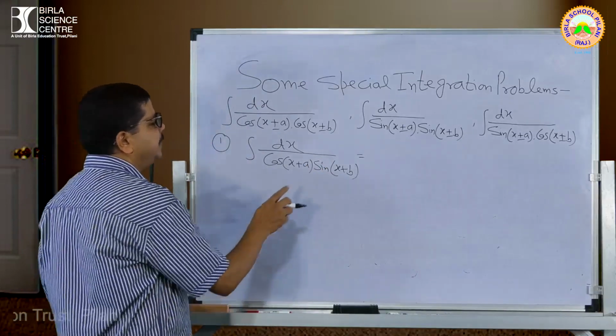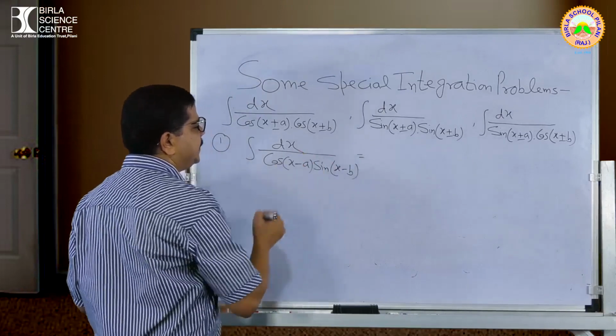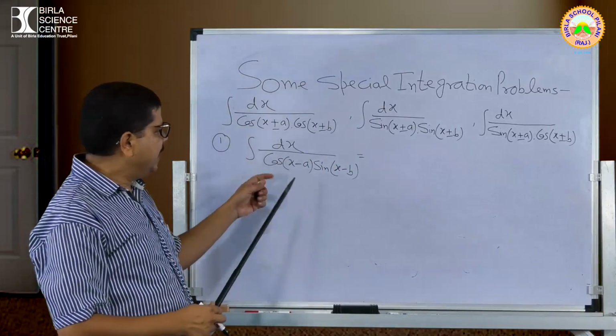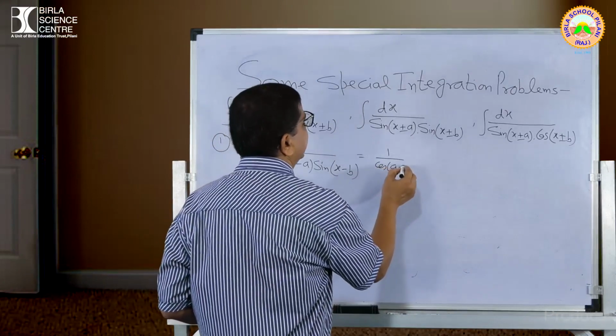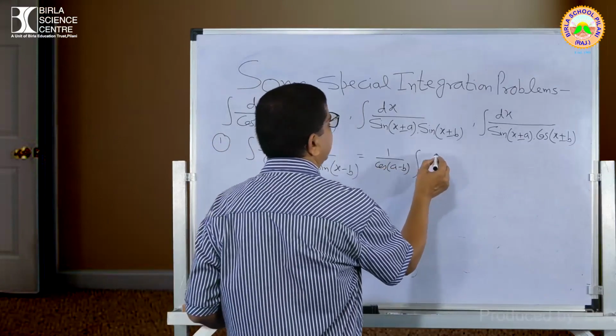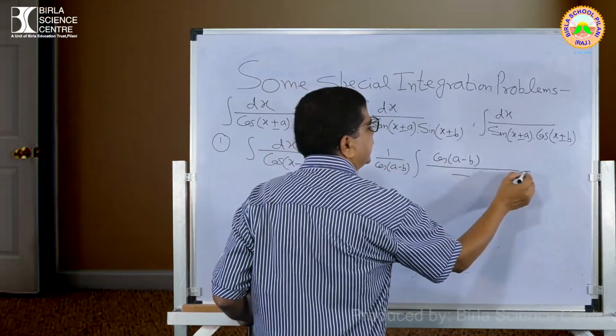Suppose I take this example, or I can take x minus a, x minus b. Then what we do? We multiply by cos(a minus b). At the same time, you can also take cos(b minus a) upon the entire denominator.